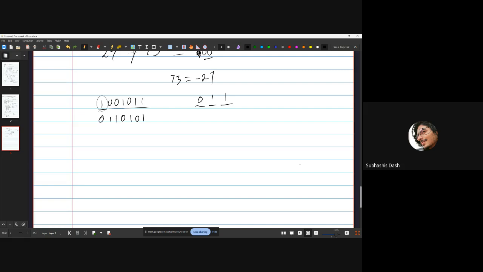And 0, 0, 0 is 0. So if I want to make a negative number, so if I have A and I have a number B, and those both add up to 0, then what can I say? B is equal to minus A, right?